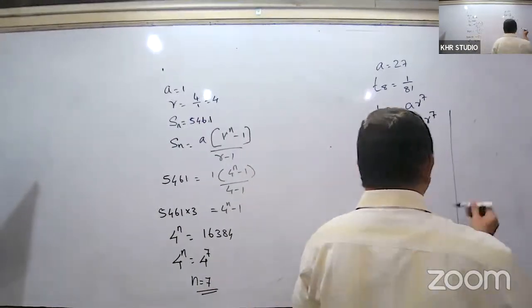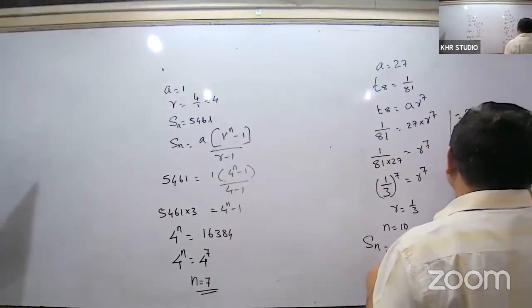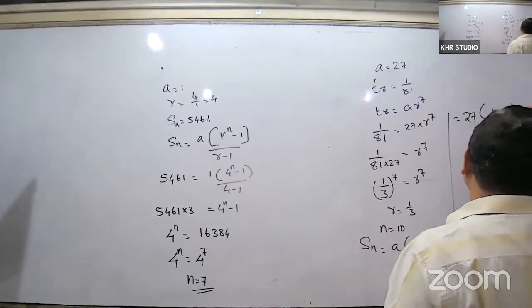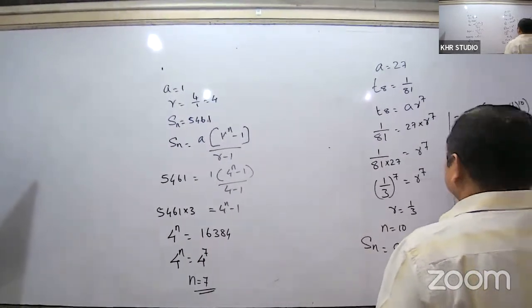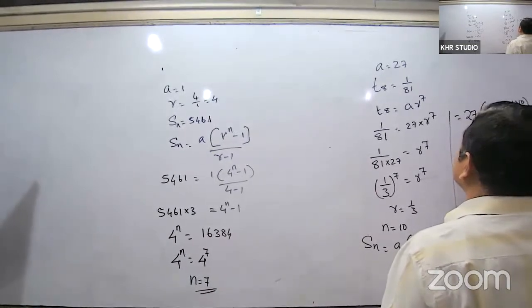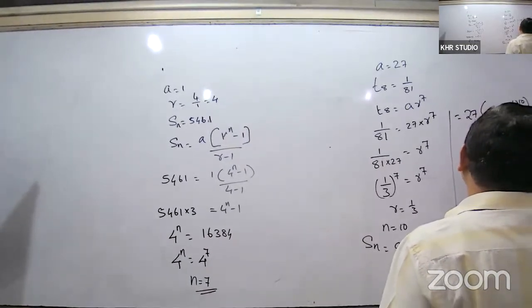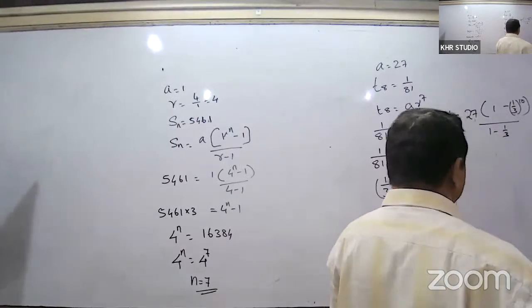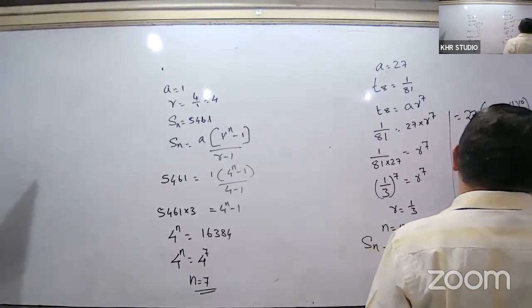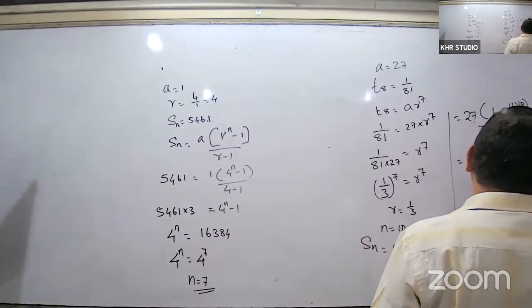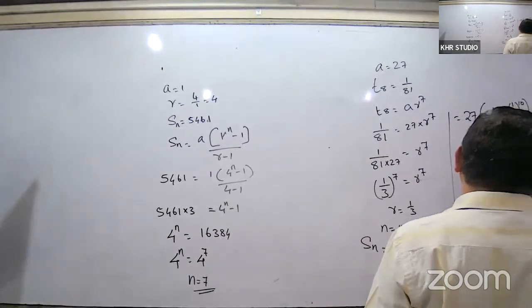So Sn is equal to 27 into 1 minus 1 by 3 raised to 10, divided by what is it coming here? 1 minus 1 by 3 is 2 by 3. So 27 into, listen here. This can be 1 minus 1 upon 3 raised to 10 divided by 2 by 3.